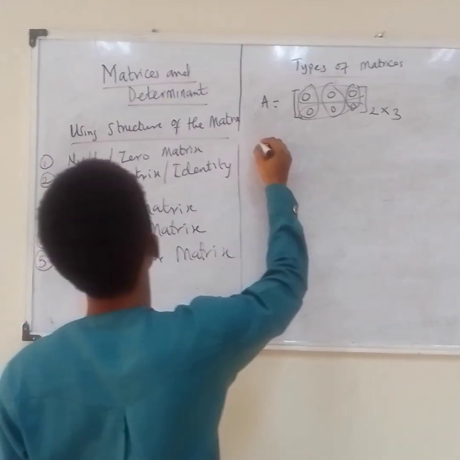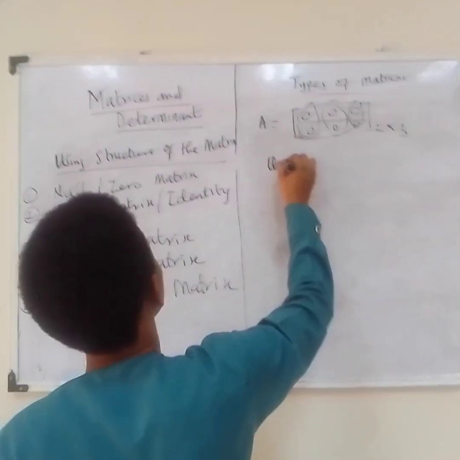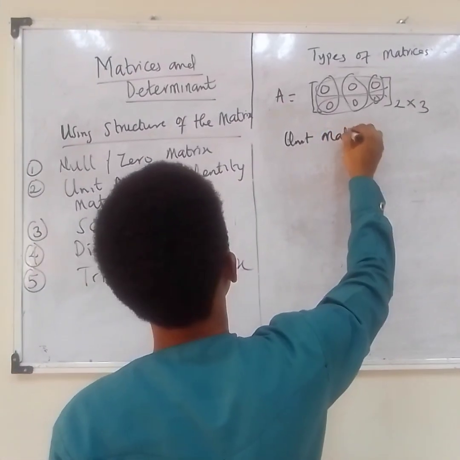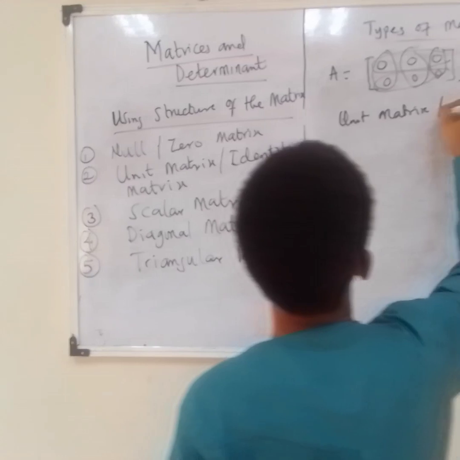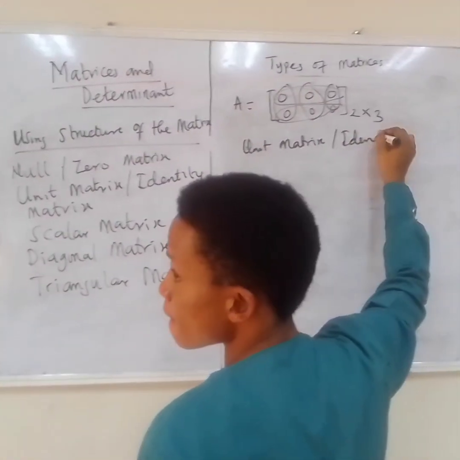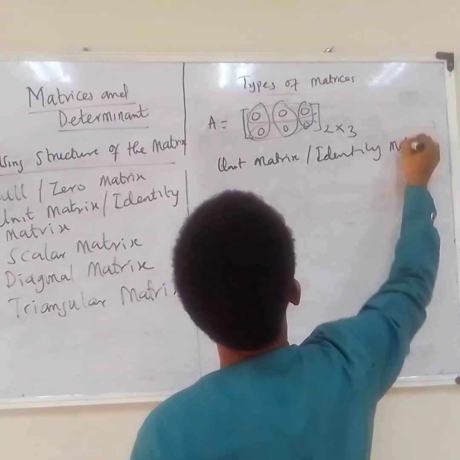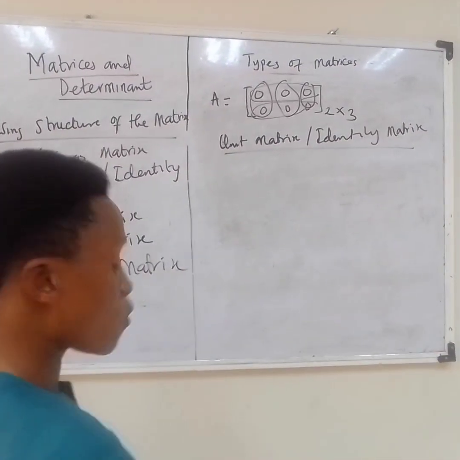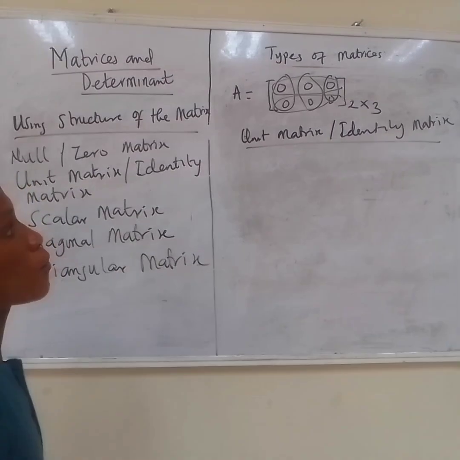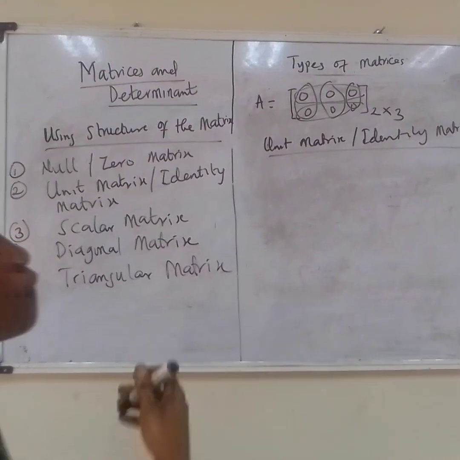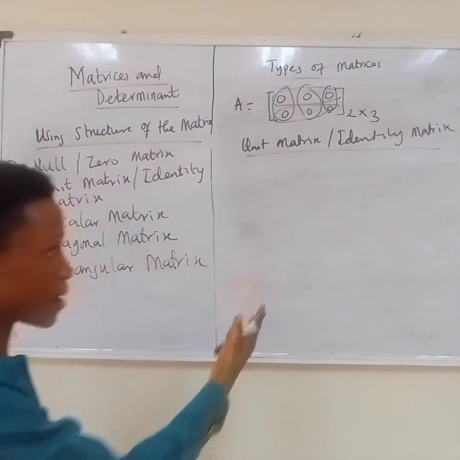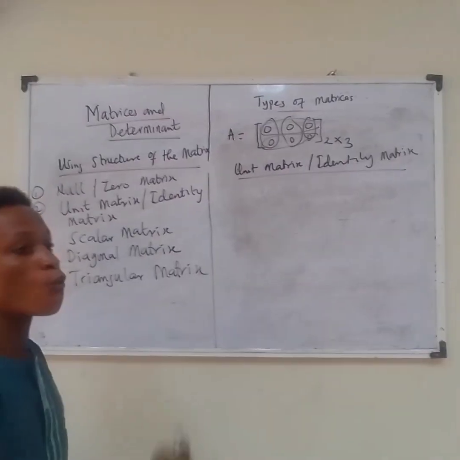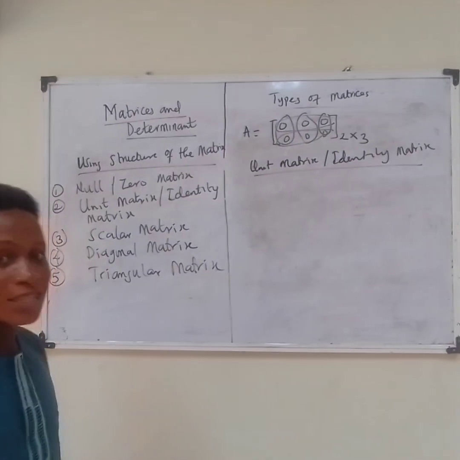Then number 2, we have the unit matrix. As the name sounds, unit or identity matrix. The word unit means 1. So what we are trying to say is that this is a form of square matrix having 1 in the leading diagonal.